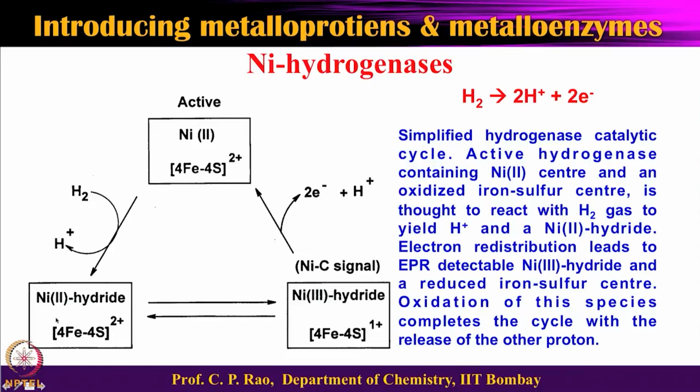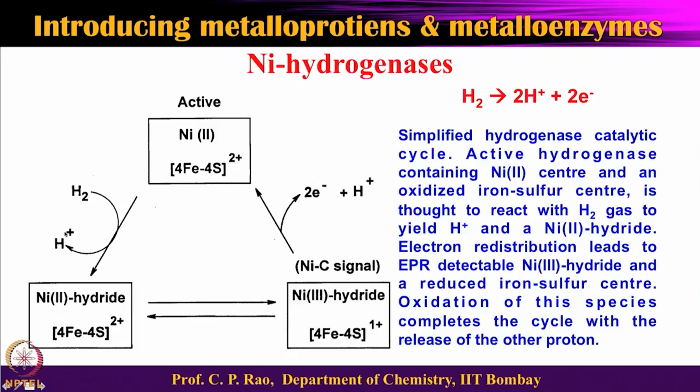The nickel hydride species can be in resonance forms. Nickel can undergo oxidation and the other can undergo reduction. So, you have a redox between this and that. The species could be either this, which can convert into this, and this particular thing will get oxidized and then remove a proton.